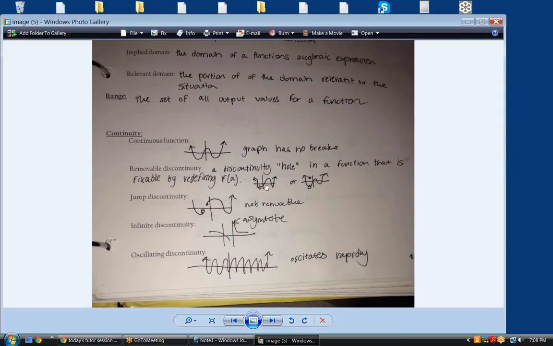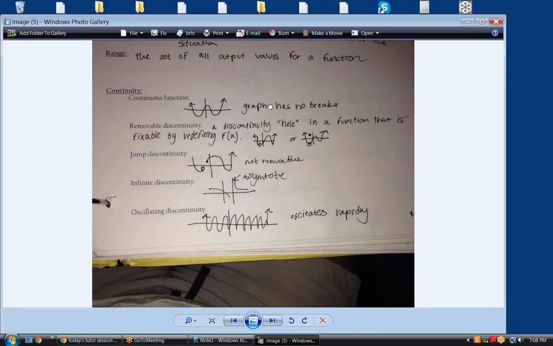I understand the top part, just the continuity. A good definition for continuous is you don't have to pick up your pencil to draw it. There's a more complicated definition of it, but I don't think you need that for this.